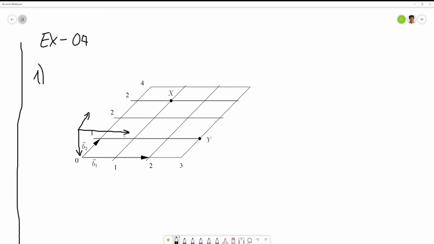So we extend the real affine plane to the projective plane by adding beta 3, and then write the coordinates just by adding 1 for beta 3. So y will be 3 half 1 1 and x will be 1 half 3 1.